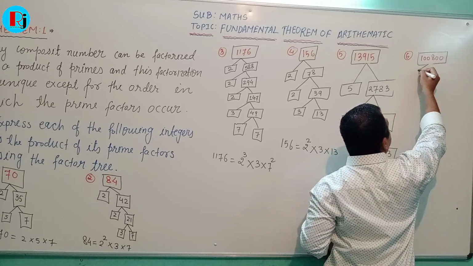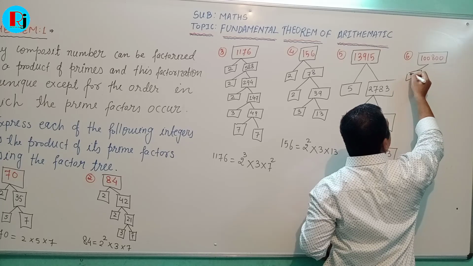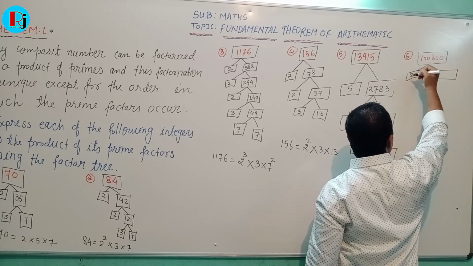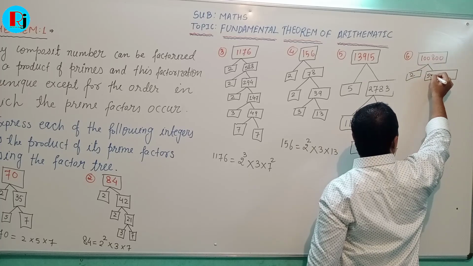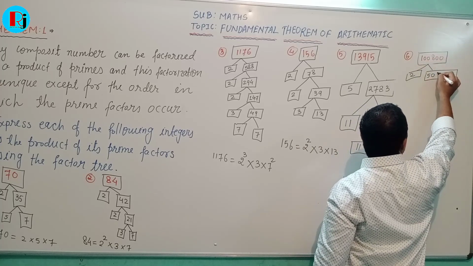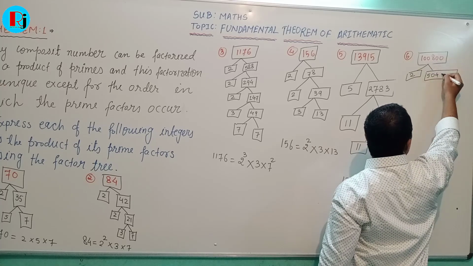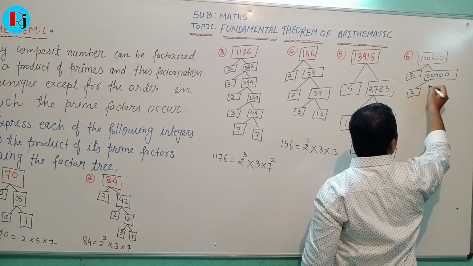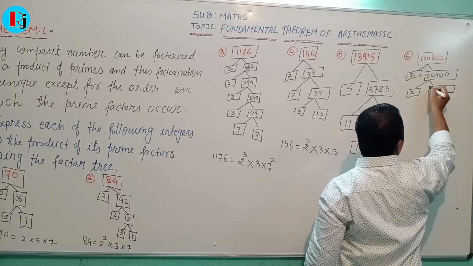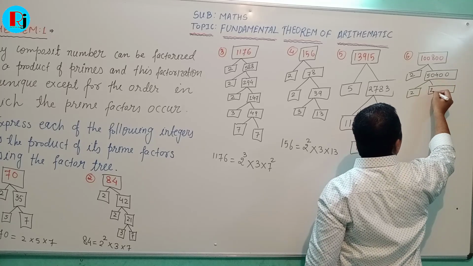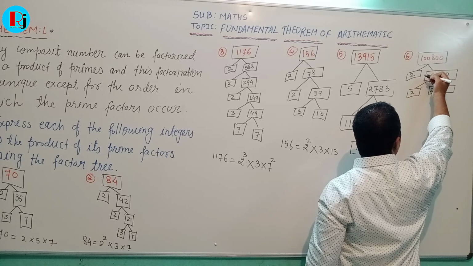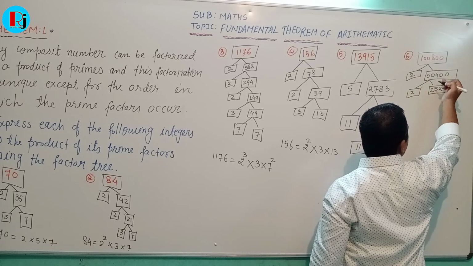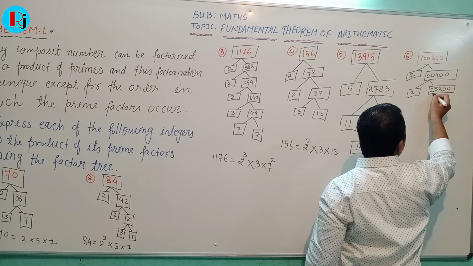So first of all dividing this number by 2, here we are getting 2 5s are 10, 5 0, 2 4s are 8, then 0 0. Again divide by 2, 2 2s are 4, 10 will be there, 2 5s are 10, 2 2s are 4, once again 0 0.